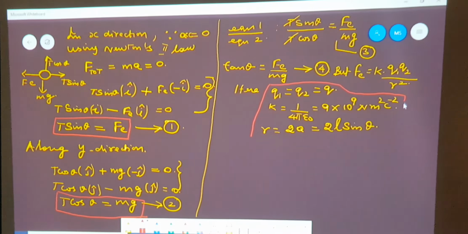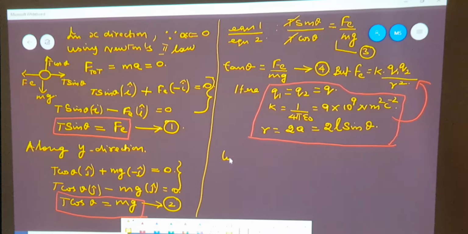So these are the quantities that have to be substituted in this equation. Either you substitute this and write it here, or substitute the value of Fe. That we shall do.